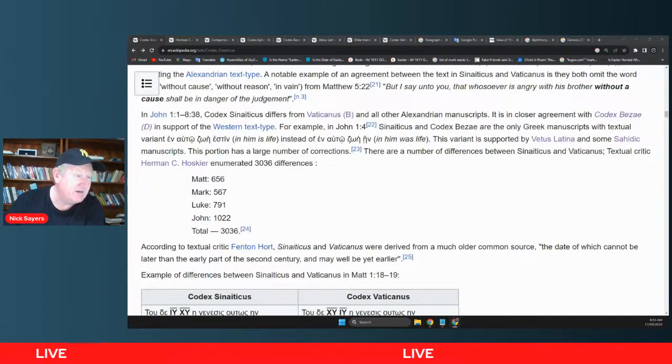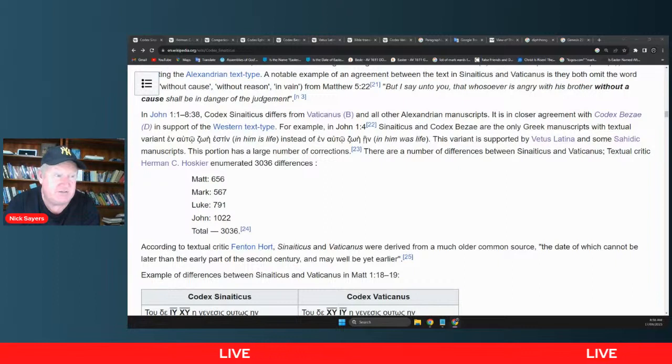3,000 differences between B and Aleph in the Gospels alone, but Hoskier did these two manuscripts a favor by only documenting 3,000 plus differences. For Hoskier, likewise, enumerated and omitted 17 different categories of differences, which he didn't tabulate.